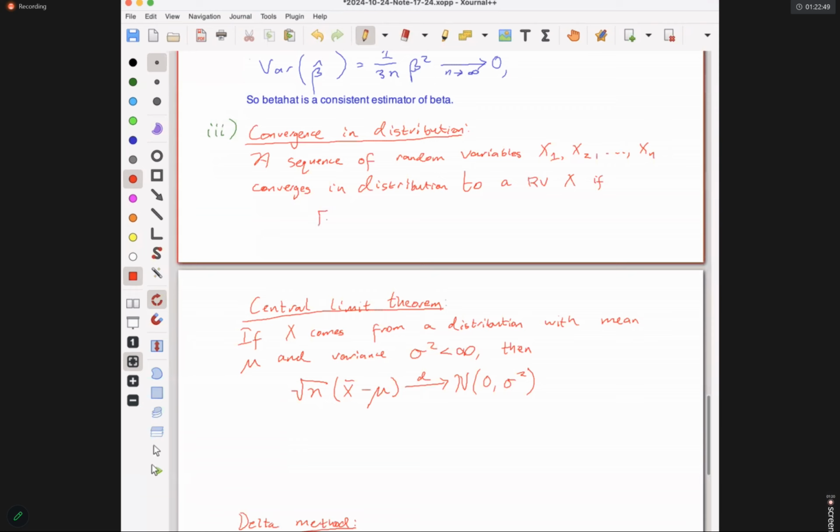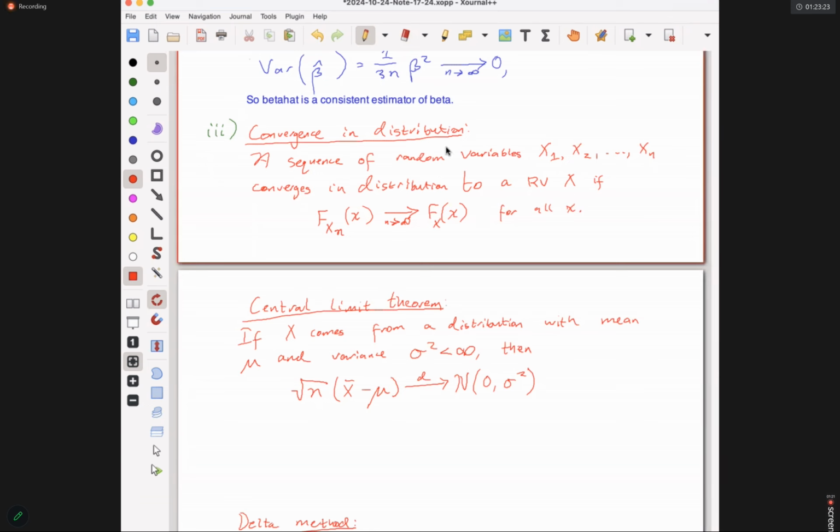the cumulative distribution functions converge to the cumulative distribution function of x for all x, all values of little x.